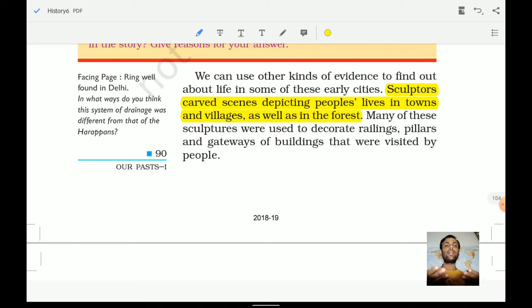They narrate the life of the people living in the villages, and they also provide some ethical stories and an ethical lifestyle. So these were the basic things happening: not only the stories, but also how the sculptures were depicting the life of the people who were living there.